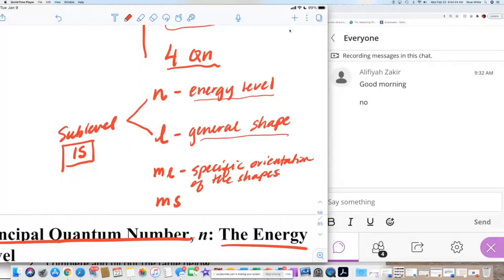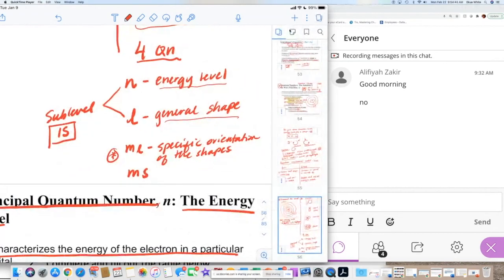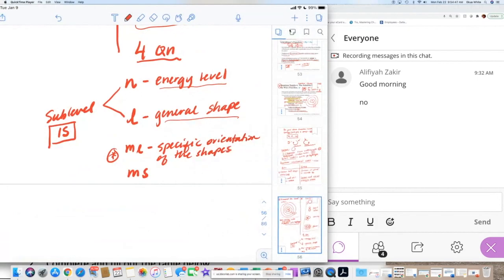Some of them are different just because the whole shape is completely different. So I like to call this the specific shape or specific orientation. We get more specialized, more specific, as we deal with the shape of the orbitals. Remember, I told you once again, these 3 numbers here.